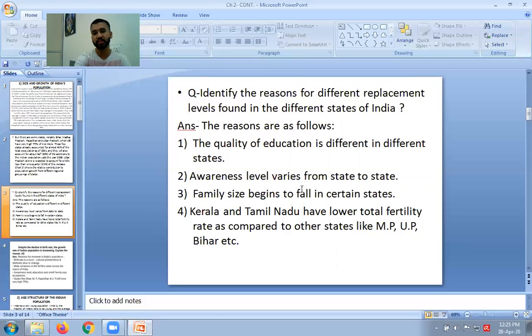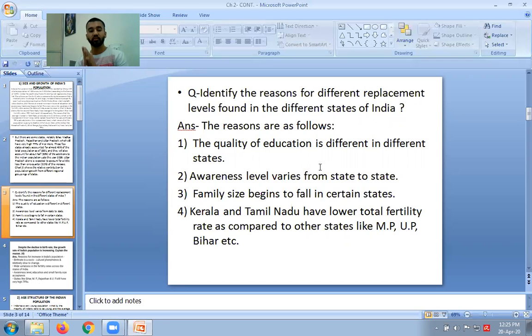So the number one reason why there is a variation in replacement levels is that the quality of education is different in different states. The states which have good quality of education are aware of keeping families to a certain size, and try not to give birth to many children.